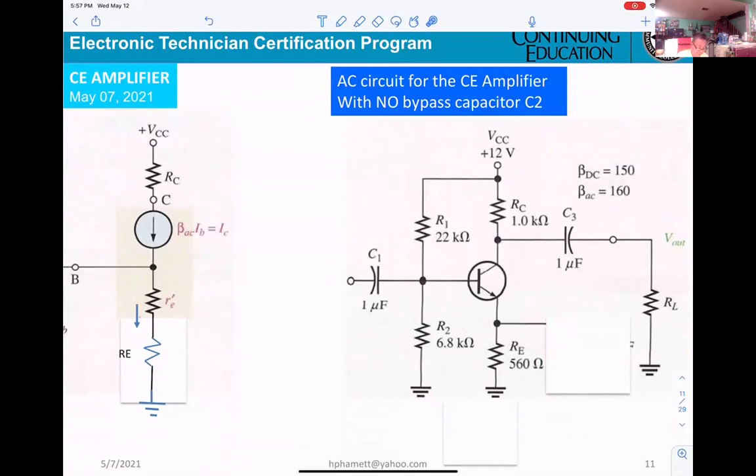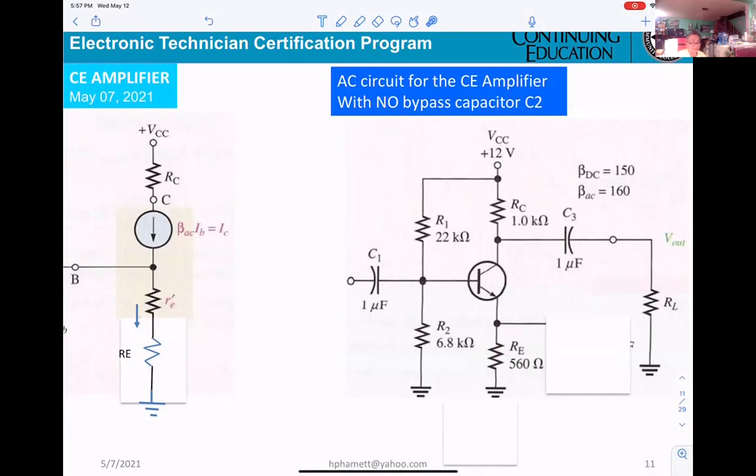So when you draw for the AC, you can see at the meter here, you get the current, you get the resistance going into the meter. That will be the internal resistance, R prime E. And now you get another resistance, that means RE.